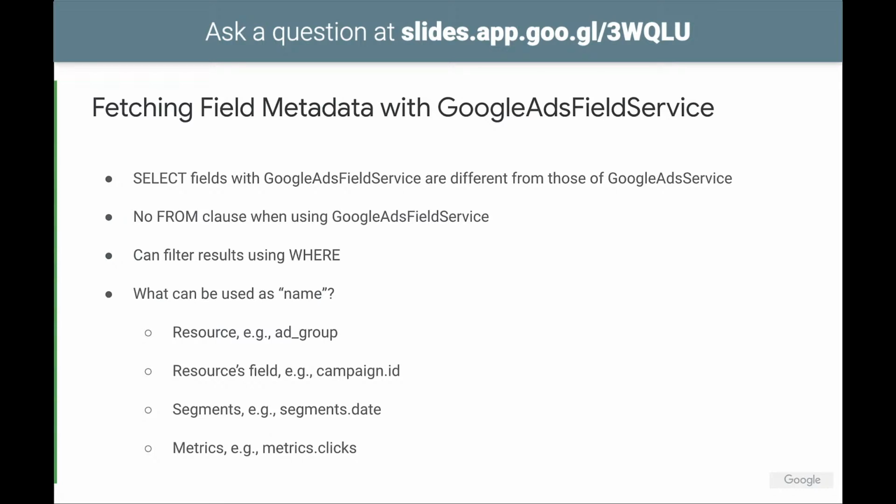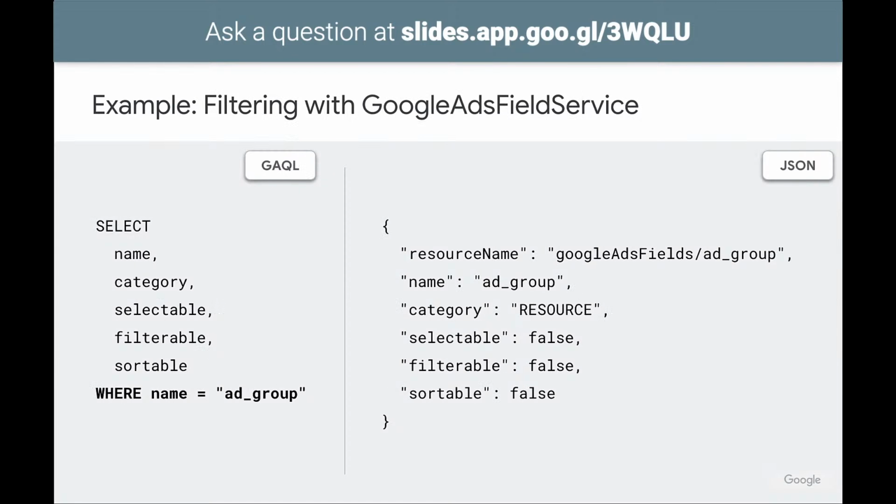In the example we saw on the previous page, the name was account_budget. But a name can be a resource like account_budget or ad_group. It can be a resource's field like campaign.id. It could also be a segment or a metric. In this example, we're just going to get information about the ad_group resource.